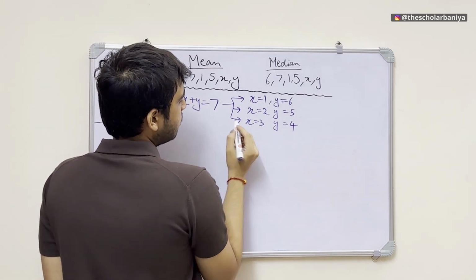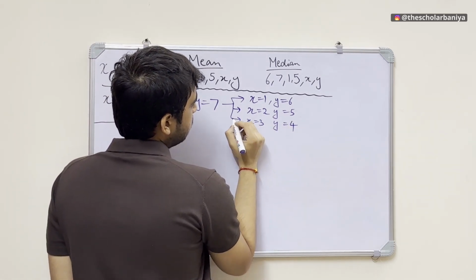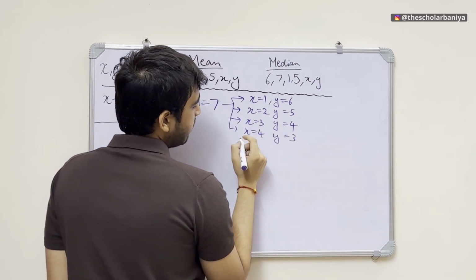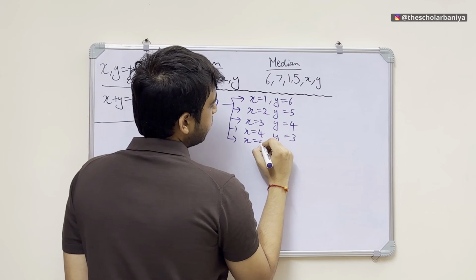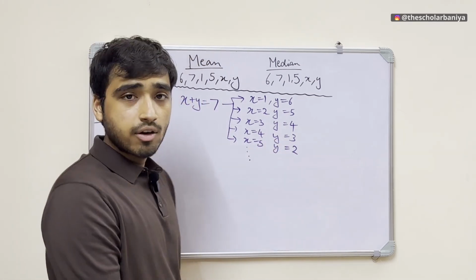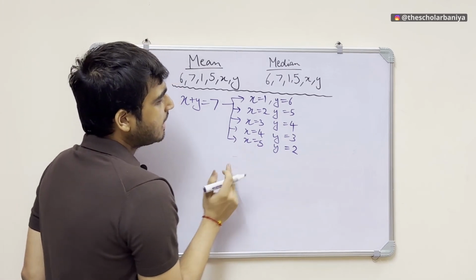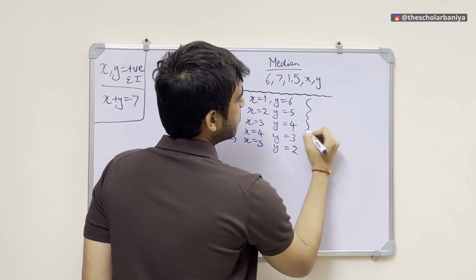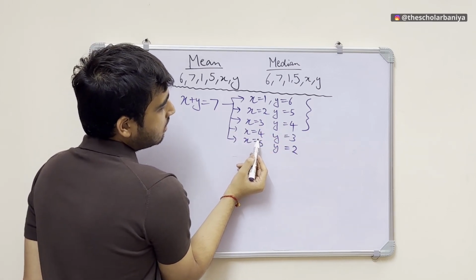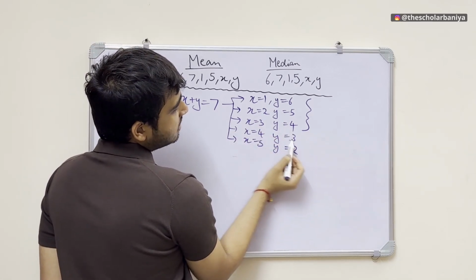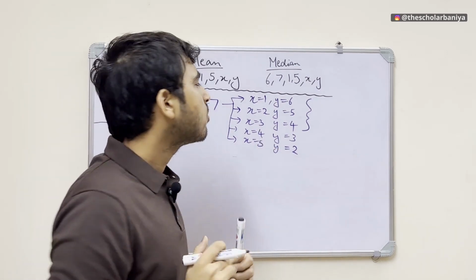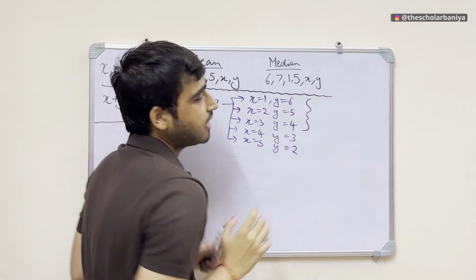Similarly, now the possibilities will repeat: x is equal to 4, y is equal to 3, and x is equal to 5, y is equal to 2, and so on, right? But basically, these are the three unique cases because these are repeating. In this case, x is 4 and y is 3. In this case, y is 4, x is 3. So they both are interchangeable. So let's focus on these three cases, right?